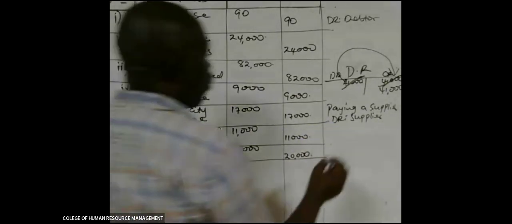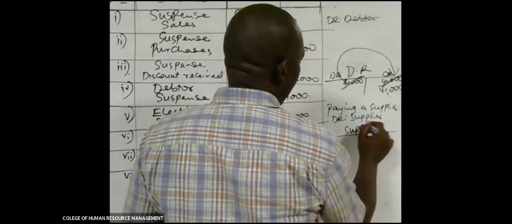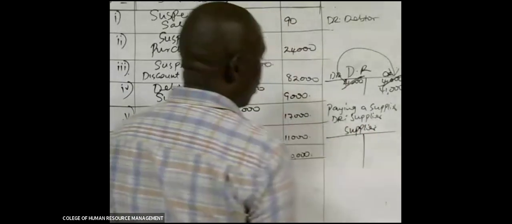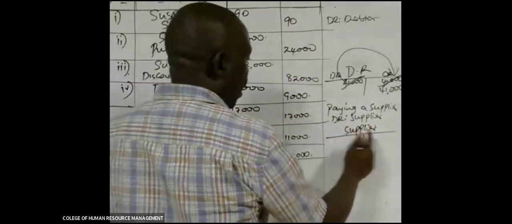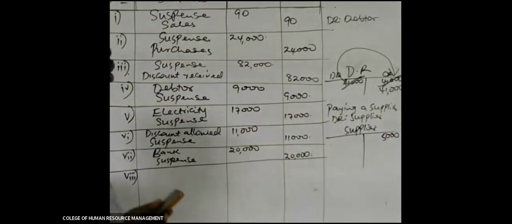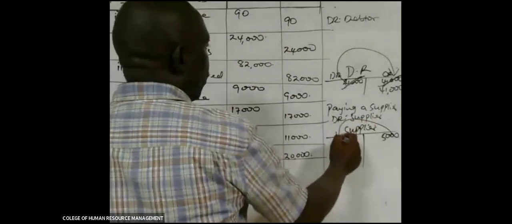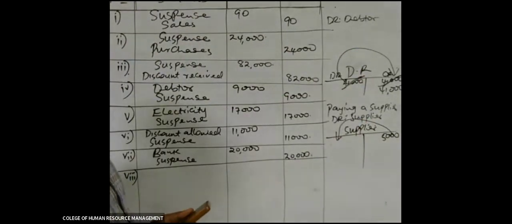So that is now going to give us a scenario whereby our supplier account is here. Instead of making a payment and debiting 5,000, the 5,000 was credited there. We find ourselves in the same scenario: an account which was supposed to be debited has been credited.